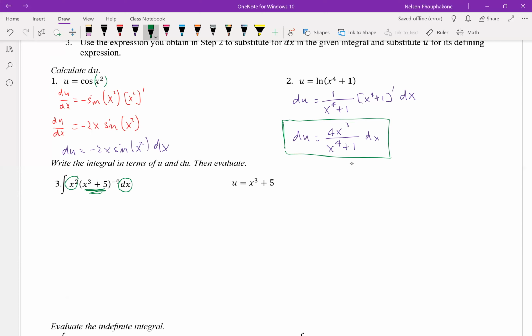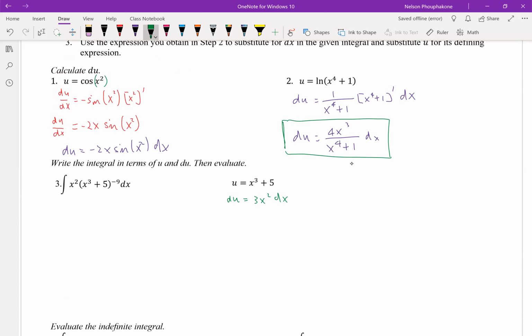So therefore, what I would like to do is let u be x to the power 3 plus 5. Also, you will see that this x to the power 3 plus 5 is the inner function, right? Then let's see how we work this out. So du is 3x squared dx. This is what we have.